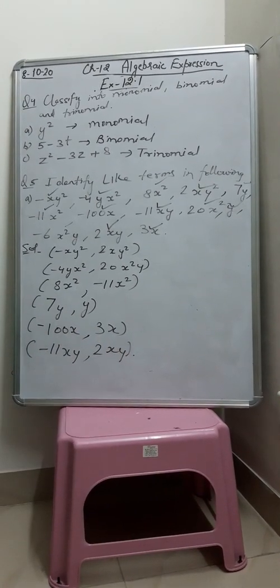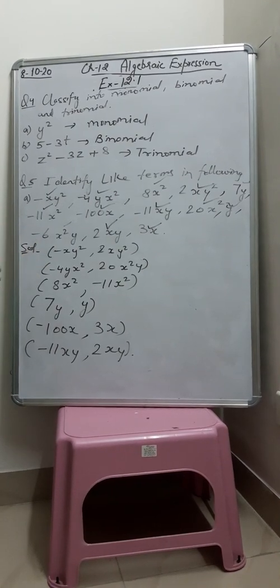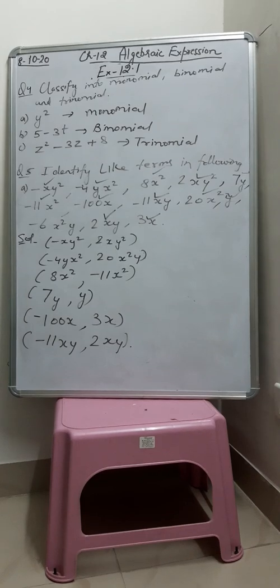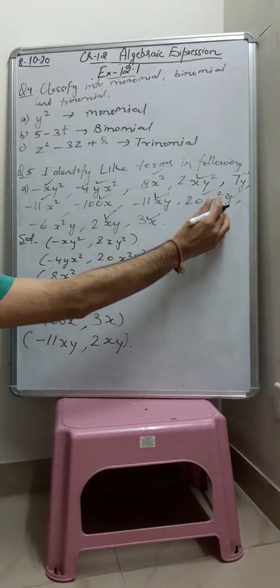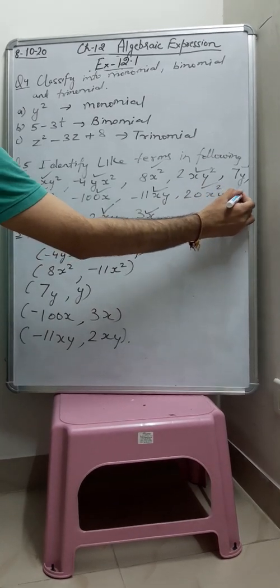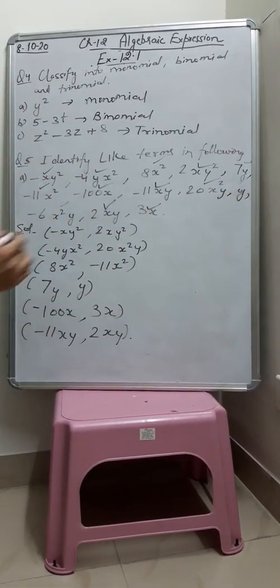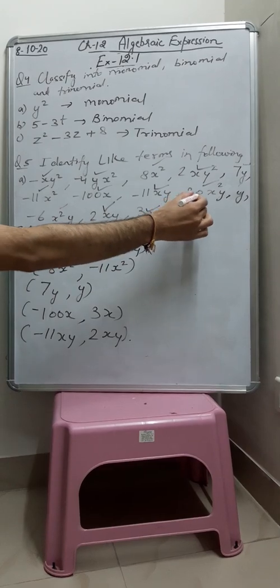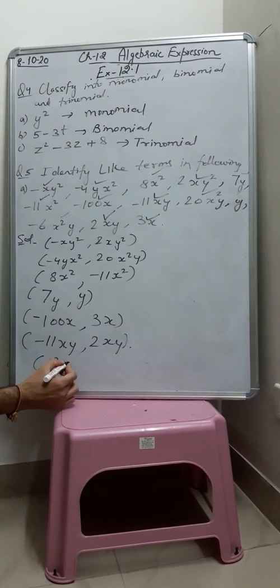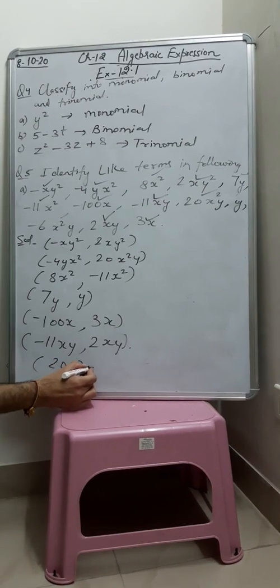And here, the next pair, we can see which is missing. Here we can see it is y, and y is different. So we take it as 20x square y.